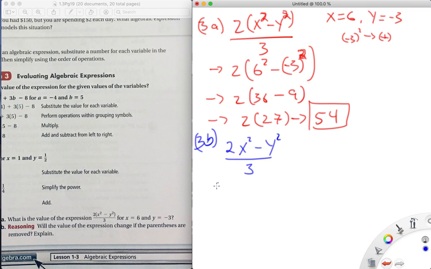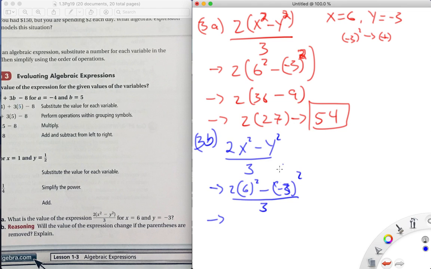Then we'll do our substitutions. It's going to be 2 times 6 squared minus negative 3 squared, and that's going to be over 3. PEMDAS again tells me to do the exponents first.